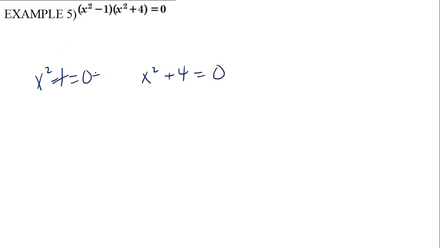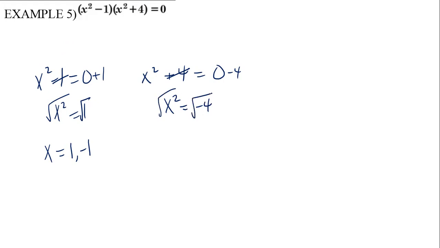I'm going to add 1 to both sides. That gives me x squared equals 1. Take the square root to get x by itself. When you take the square root, you produce a positive and a negative solution. I have plus 4. I'm going to subtract 4 from both sides, leaving me with x squared equals -4. Take the square root.